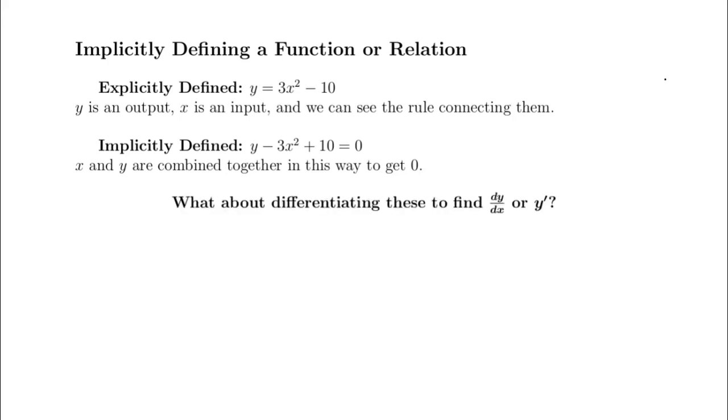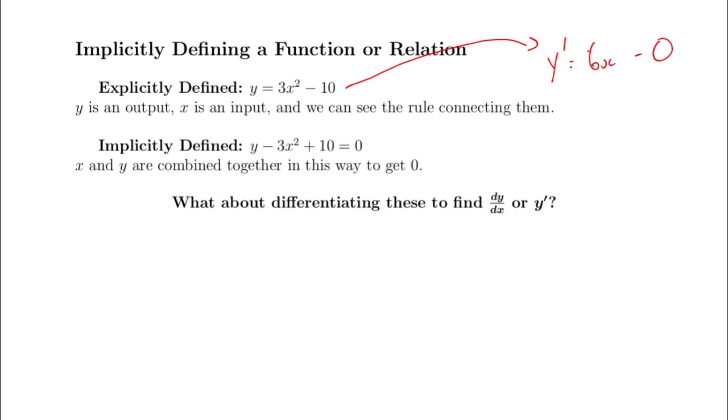Cool. Okay, so what about differentiating these things to try and find the derivative of y with regard to x, or maybe we'll just call that y prime? Doing that explicitly is super easy, right? y prime, we can use the power rule on this and say this is 6x minus the constant 10's derivative, which is 0.